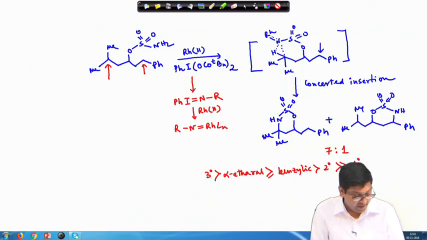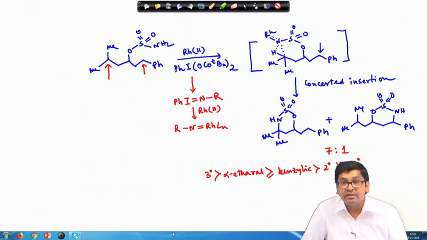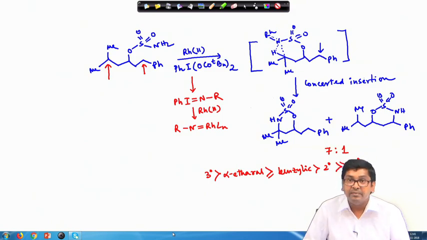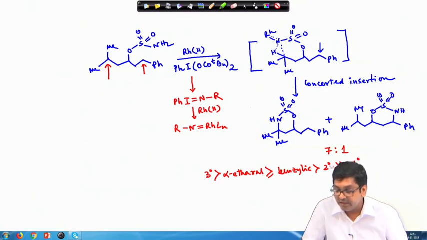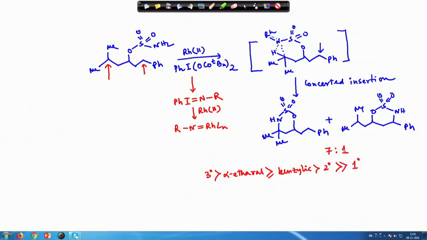So, here we have seen the reactivity rate for this oxidation, and it has been found that the tertiary carbon is getting faster reactivity than the benzylic. So, that is why the selectivity happens in this way, that carbon nitrogen bond formation occurs mostly in the major product, this one, and then the minor product is this one. Okay. Thank you.